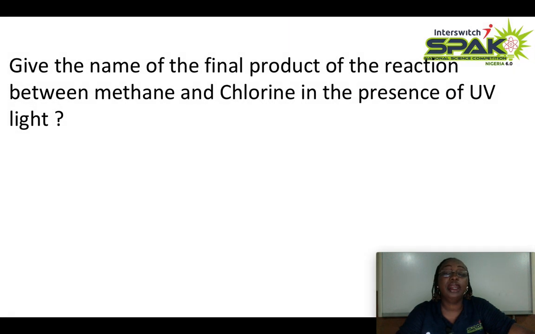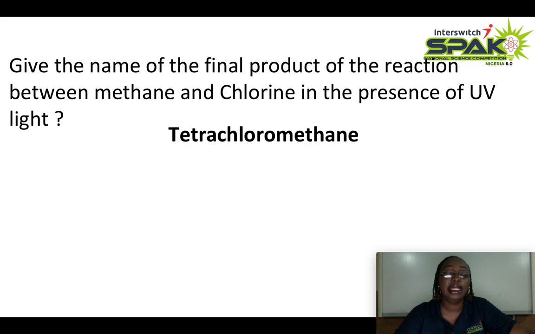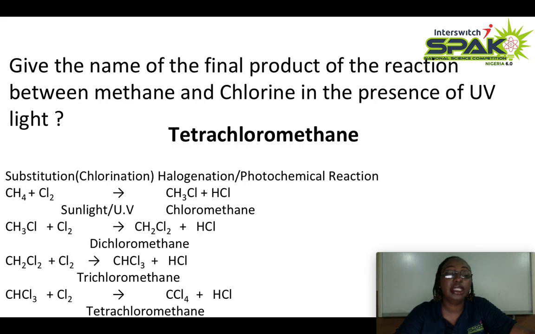Give the name of the final product of the reaction between methane and chlorine in the presence of ultraviolet light. This is a subjective question. So what is the answer? The answer is tetrachloromethane. Earlier in this lesson, we looked at the substitution reaction of alkanes, whereby we said the reaction cannot occur except in the presence of sunlight, and these are the different stages of the reaction.